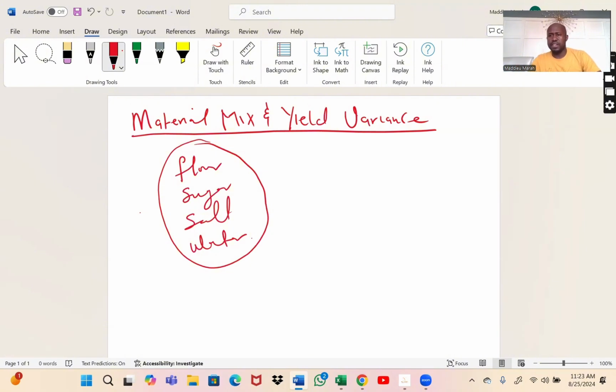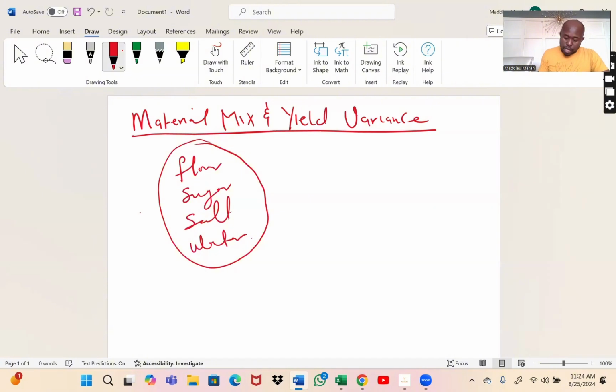So what's the yield variance? The yield variance measures how much output was expected from the actual input. Yield variance is looking at the result, how much output was expected from actual input, what we inputted into the process.